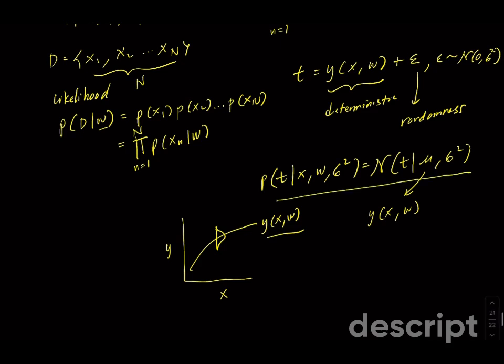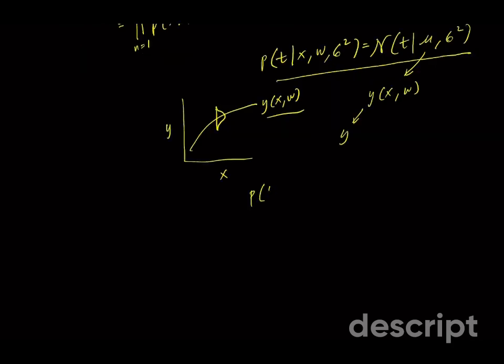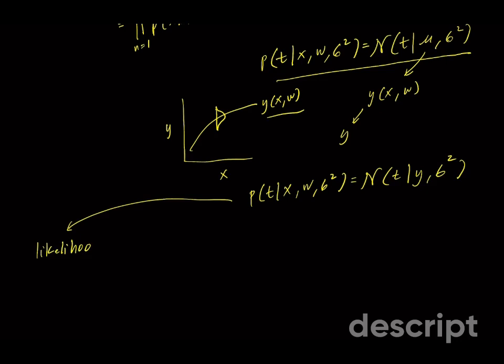So for simplicity, let's just call this y, such that your probability of getting t given your parameters and input x, w, sigma squared is equal to the normal distribution of your t conditioned on y, which is a function of your w and x, and sigma squared. Now the next part is to calculate the likelihood of this probability.